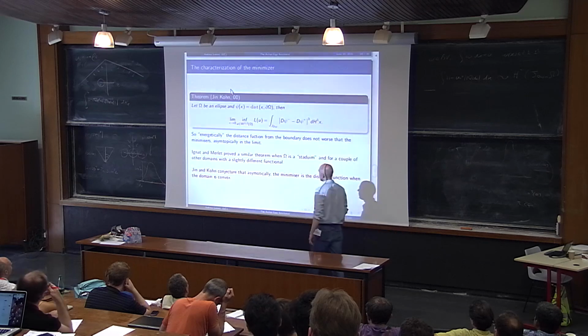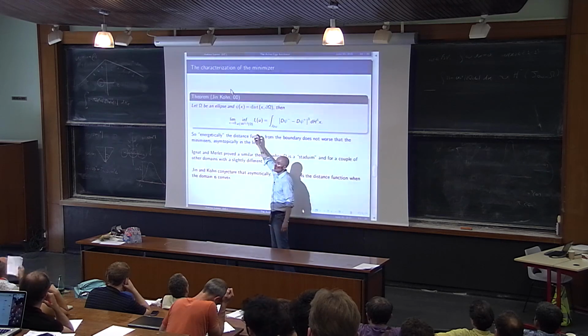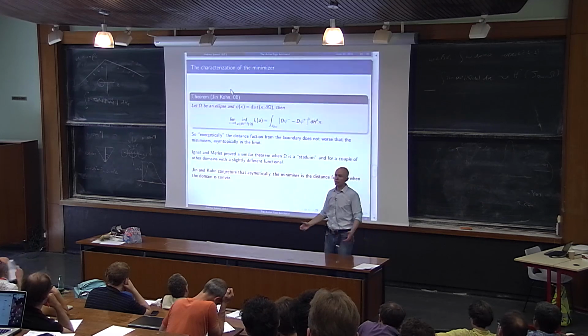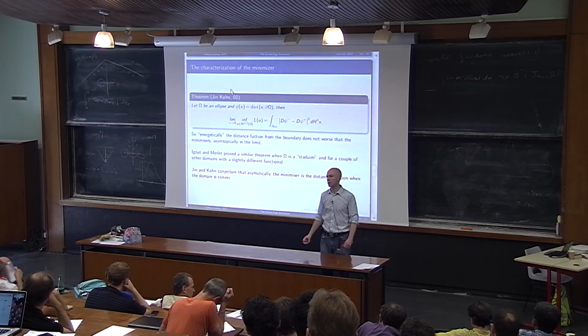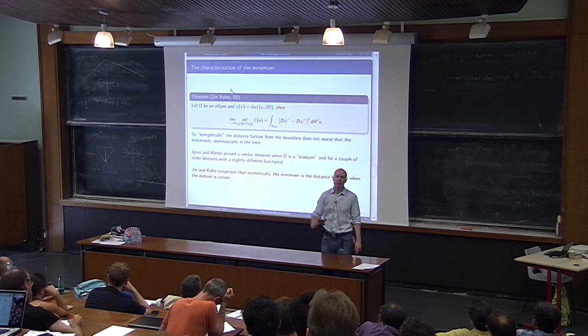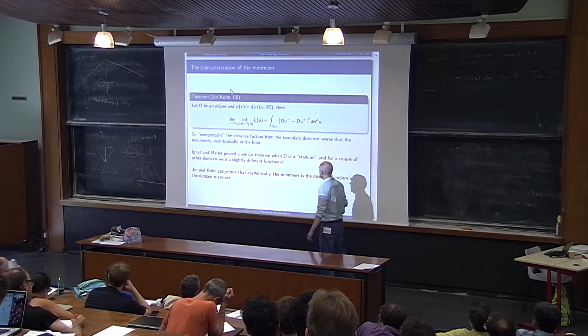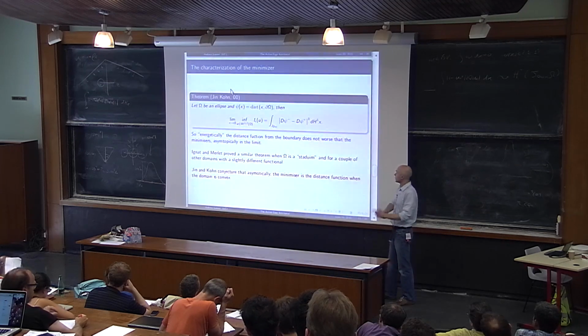So if we take the sequence of minimizers, the energy of those guys will tend towards this. That doesn't mean that for any epsilon n, the minimizer is anything like the distance function away from the boundary. But energetically, it's not doing any better. Okay? So this is an early result of Jin and Kohn. So energetically, we expect the distance function away from the boundary to be the good guy.